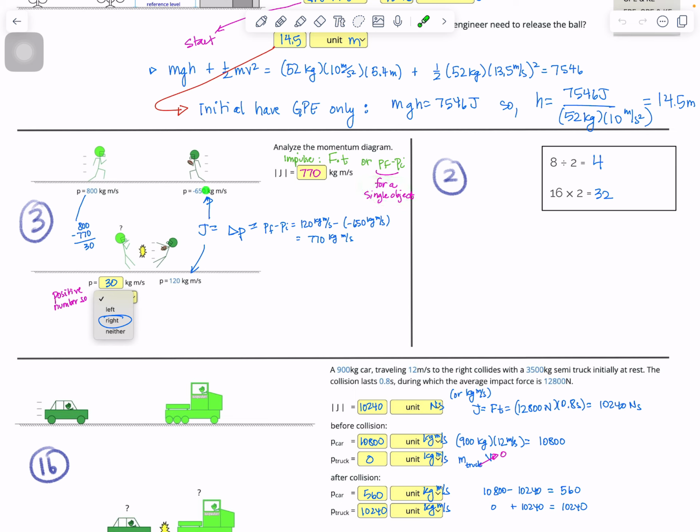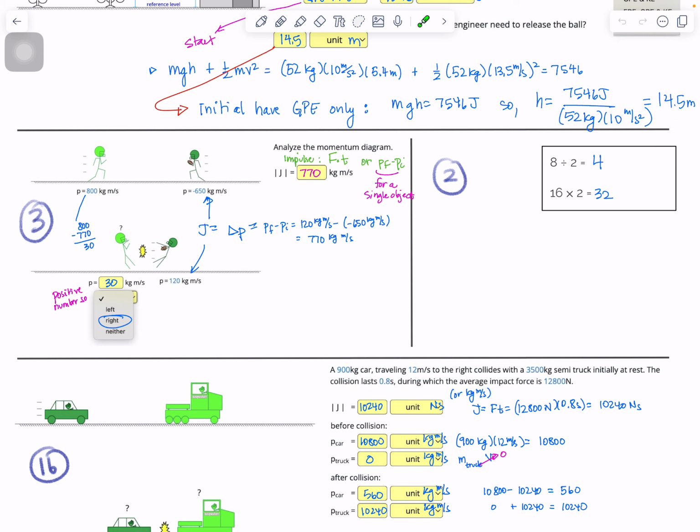I know both the final and the initial momentum for the football player on the right, so I'm going to use that one to find the impulse. My change in momentum: p final is 120, which is right there, and I subtract the initial, which is negative 650. Subtracting a negative number means I add them together, so I get 770 kilogram meters per second, which is that.